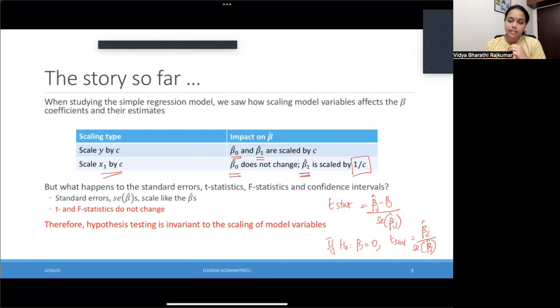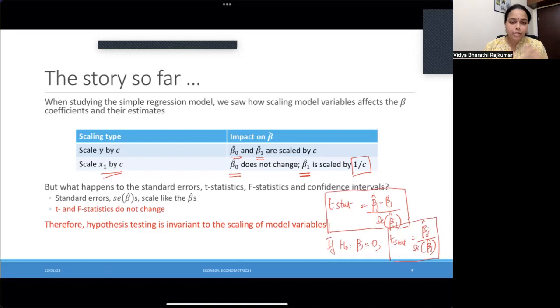What about t-statistics? If you remember, the t-stat is defined as beta hat minus the hypothesized value, divided by the standard error of beta hat. If I assume that the hypothesized value is just 0, the t-stat simply collapses to the ratio of beta hat to its standard error.